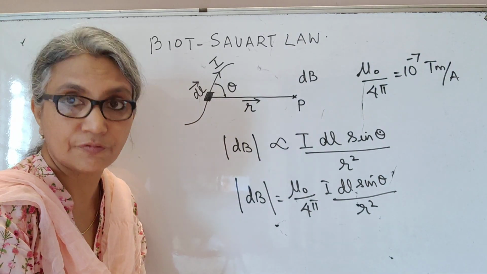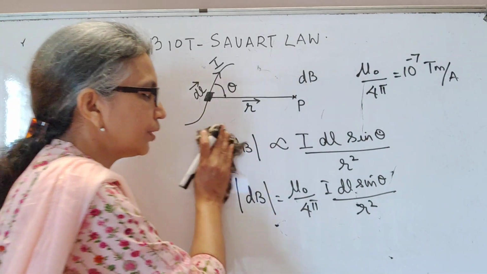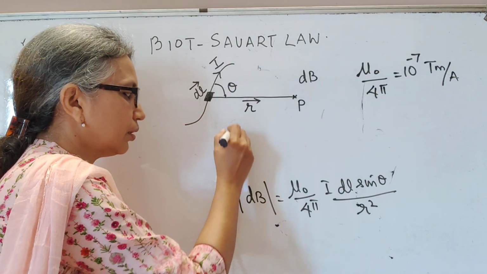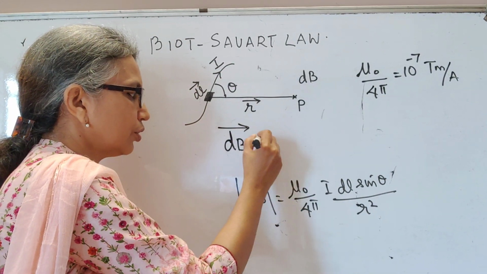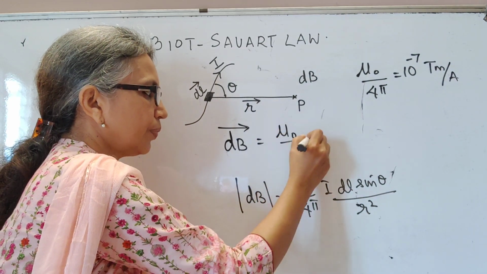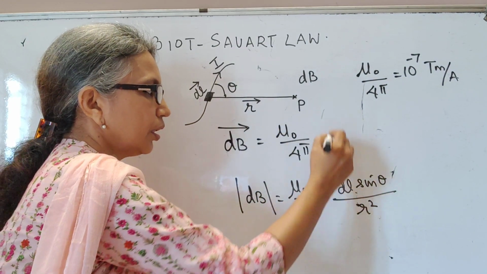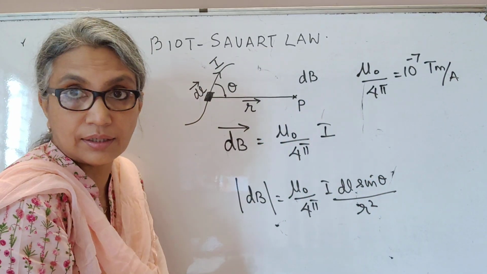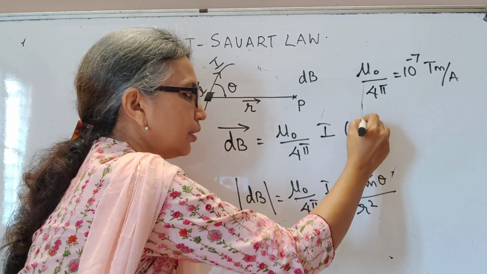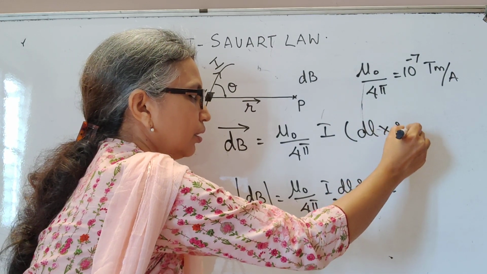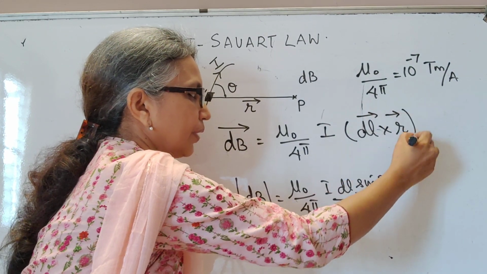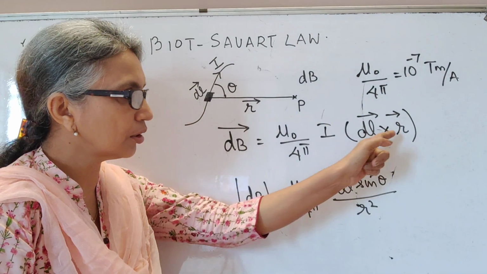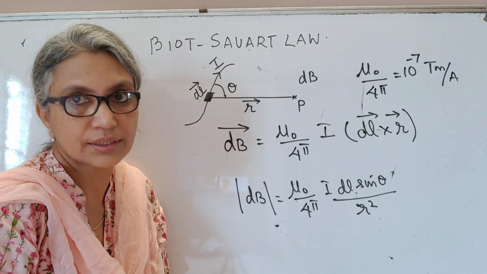So if you're writing it in the vector form, then we will write it as vector dB equal to mu 0 by 4 pi I. Now you know theta is the angle between the two vectors dl and r. So you may write this as dl cross r, so that if you open the bracket here, A cross B is AB sine theta, dl cross r will be dl r sine theta.